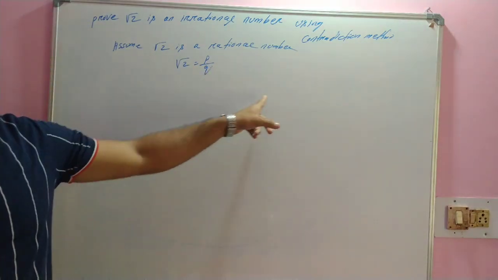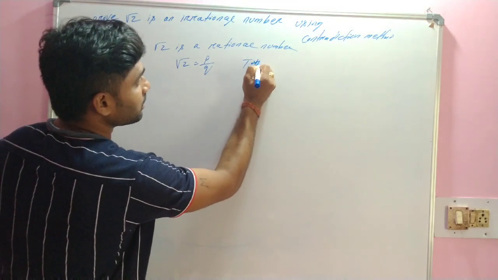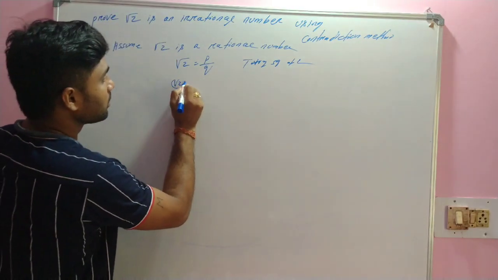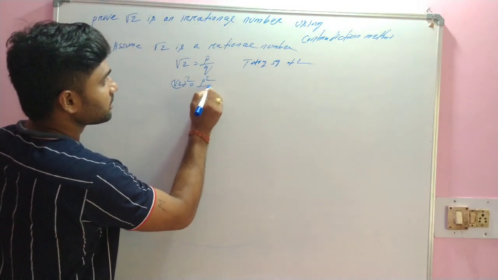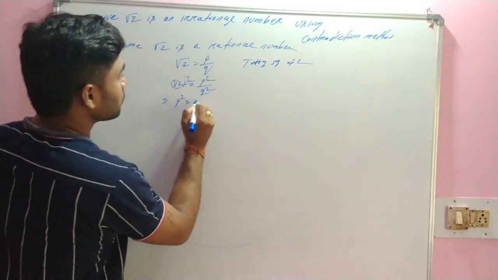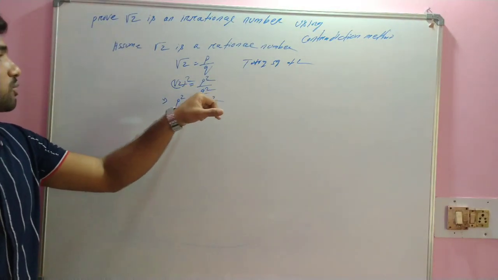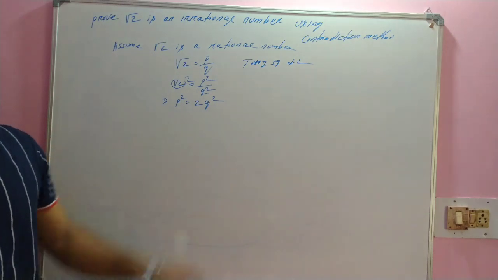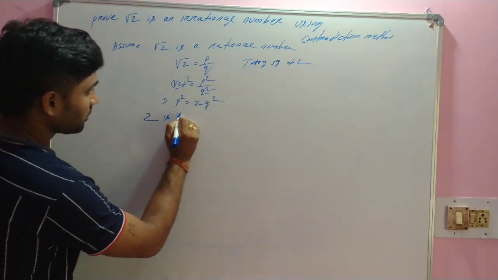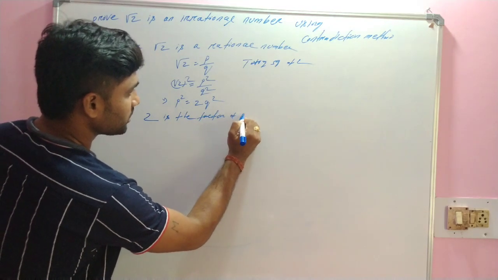Okay, taking the square of both sides, it will be p square by q square equal to 2, so p square equals 2q square. That means 2 is a factor of p square.